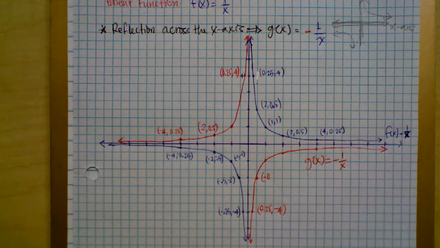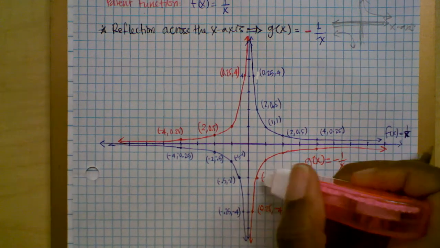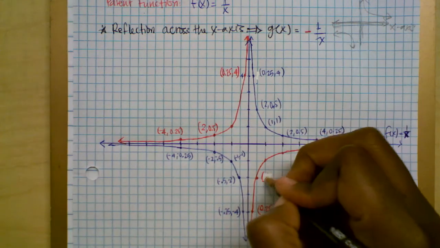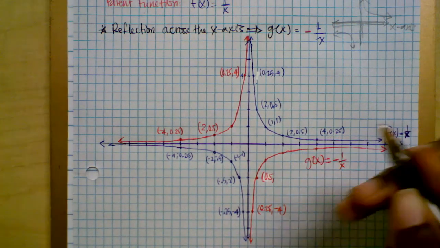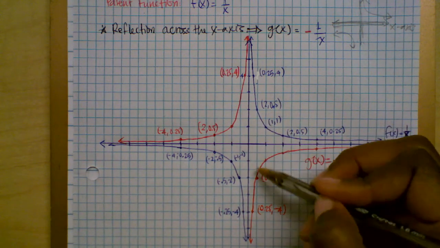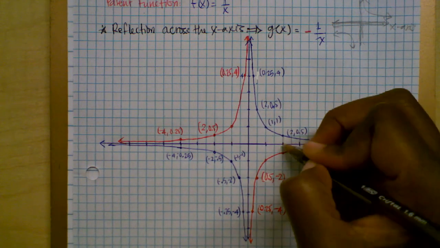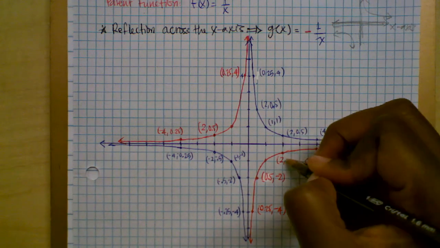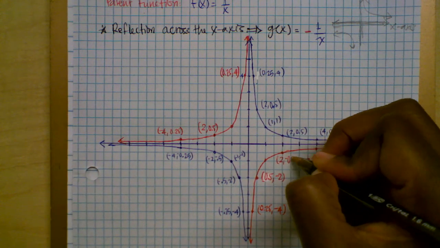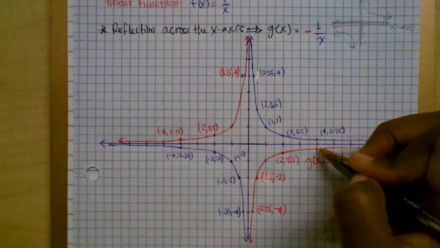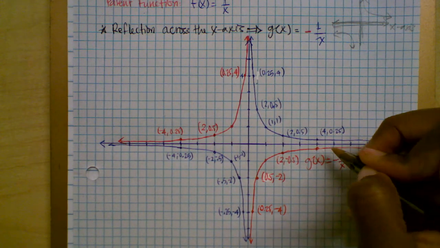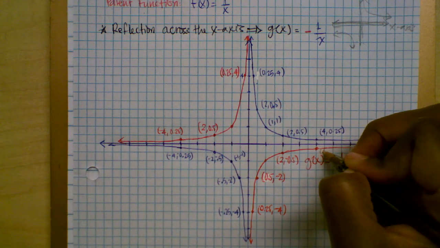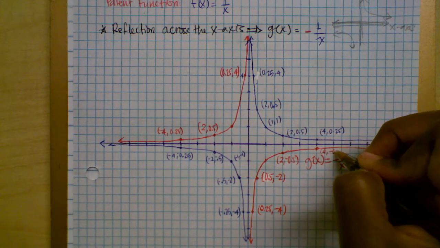Positive 0.5, -2. And here is going to be 2, -0.5. And right here, the point will be 4, -0.25.